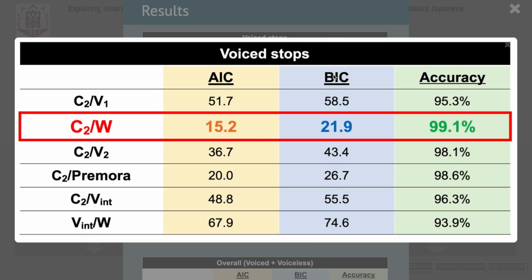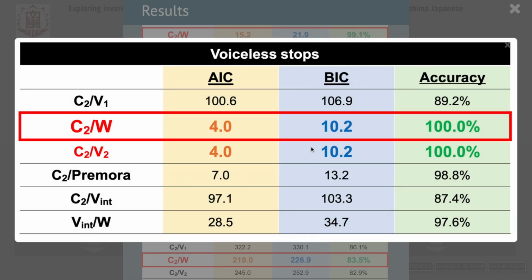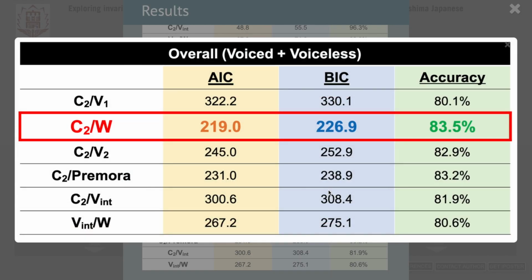The middle one is for voiceless stops, or the second word list. And the bottom one is for both voiced and voiceless stops.